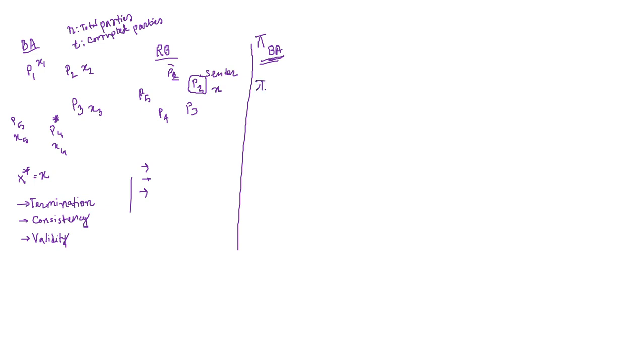So with pi BA in hand, how do you execute pi RB? For that, at first you allow that designated sender of your reliable broadcast protocol to just broadcast its value to all the other parties. So there are n parties, among them one is the sender, so that sender will send its value to all the n-1 other parties.